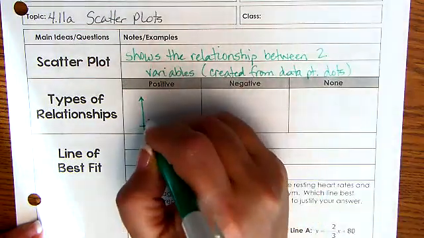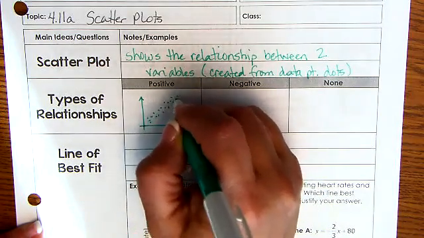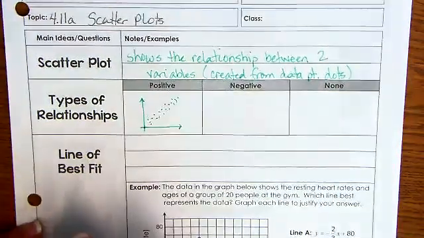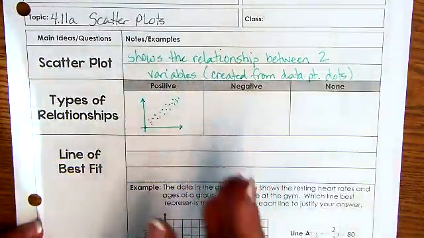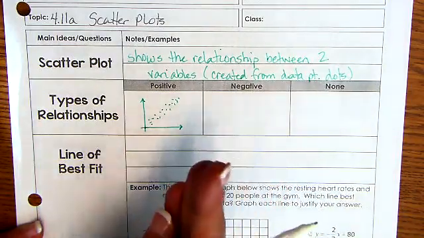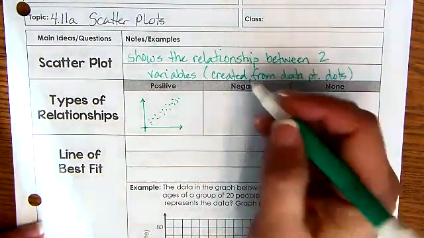So the positive relationship is going to look like this. Those dots are going in an uphill direction, and a strong relationship is going to be very close together. A weak relationship would be spread more apart.